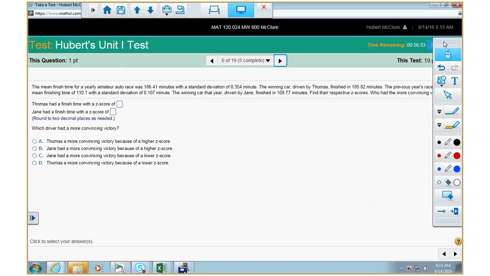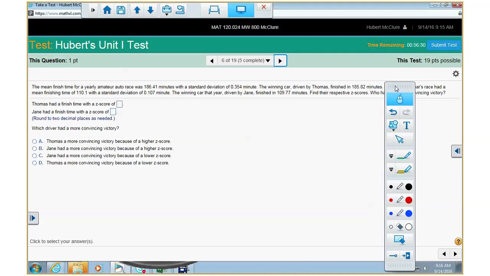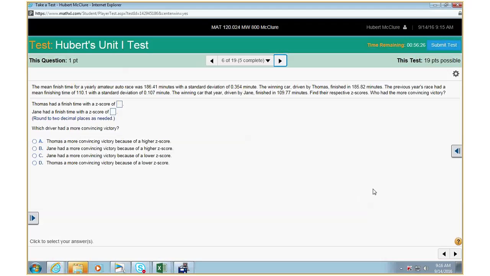All right, find the z-scores. As soon as I can get rid of this thing. There, thank you. Find the z-scores.